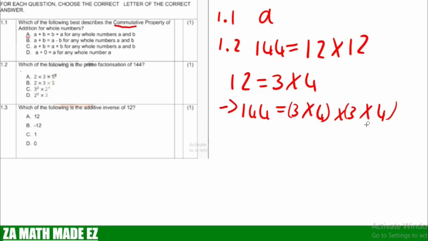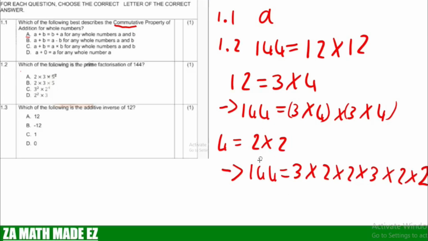But as you can see over here, we can still factorize 4 into 2 times 2. If we factorize it even further, that will make 144 equal to 3 times 2 times 2 times 3 times 2 times 2. The times 2 times 2 is from the 4, because we factorized the 4.